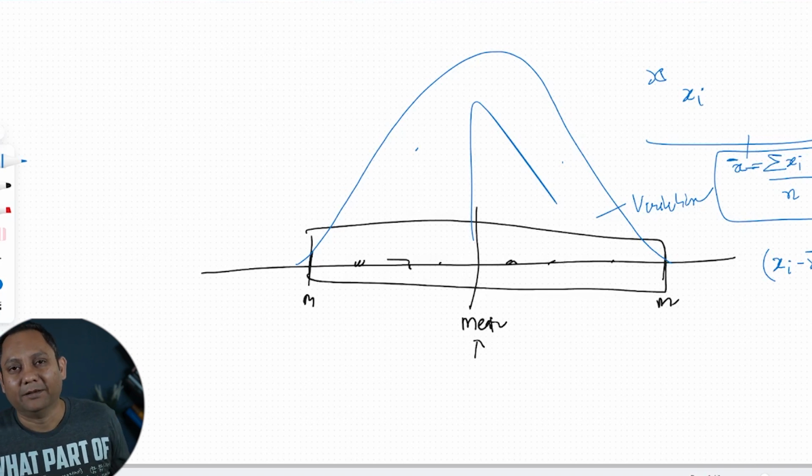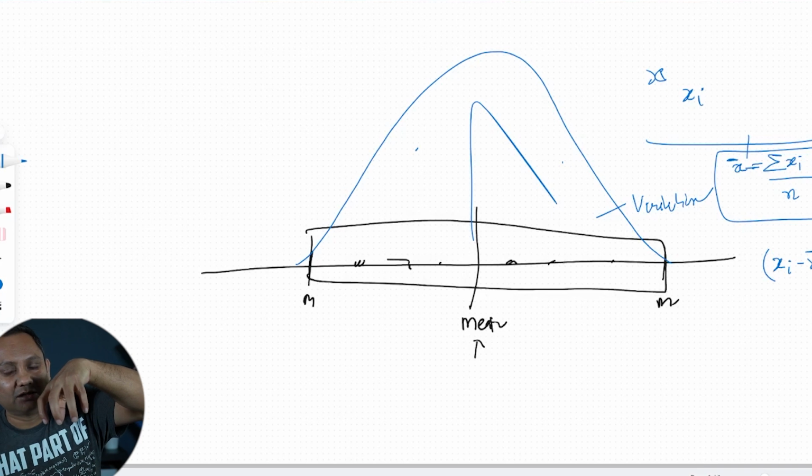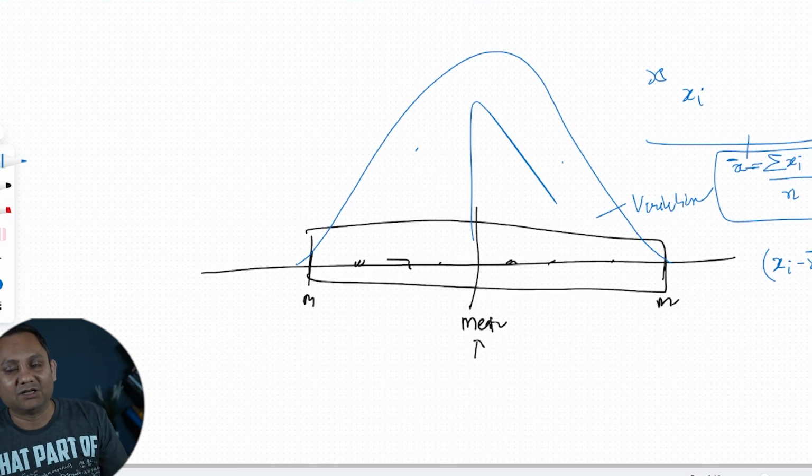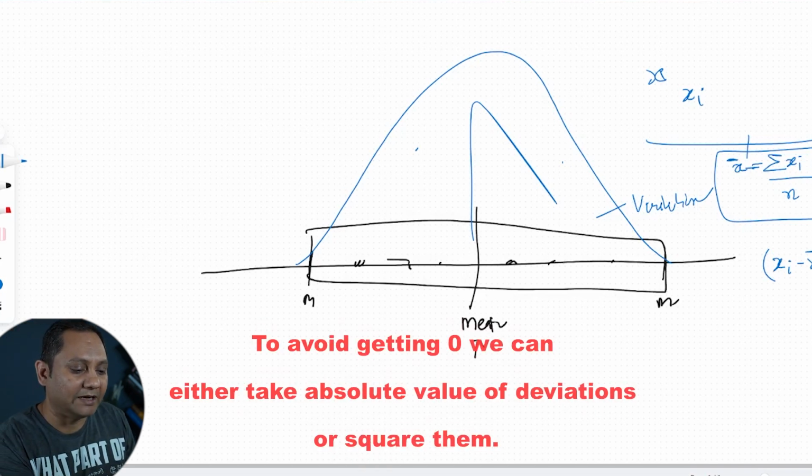Why? Because the mean is my center of gravity, so it is kind of trying to balance. Some numbers will be closer and some numbers will be farther. But if I add the distance of all the numbers around the mean, the total variation will be 0. That's why all you have to do is balance by taking the absolute value.